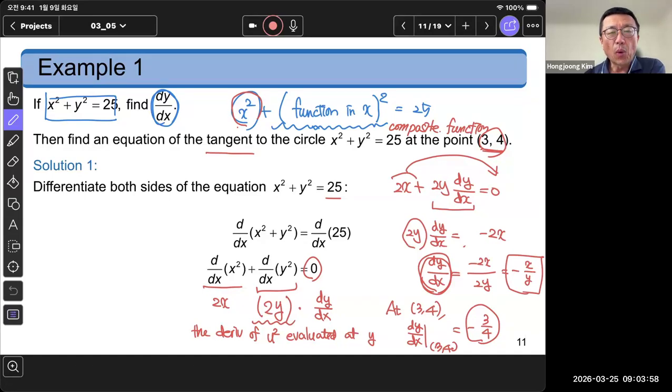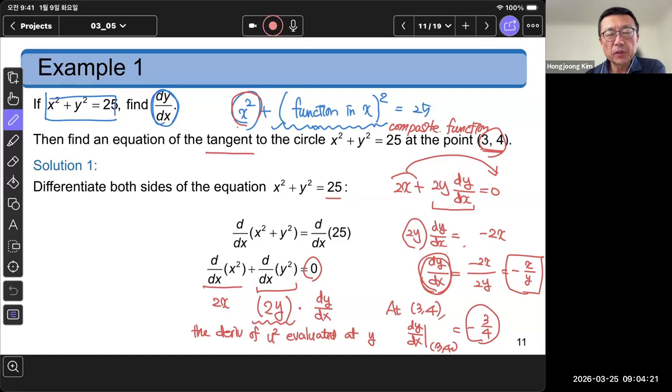So when y squared is differentiated with respect to x, you need to remember the chain rule, because y squared is the composite of a power function and the function y.